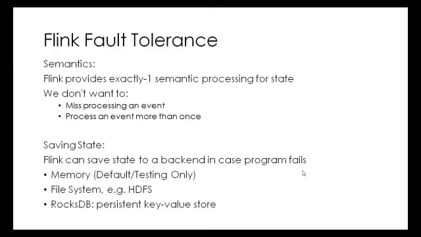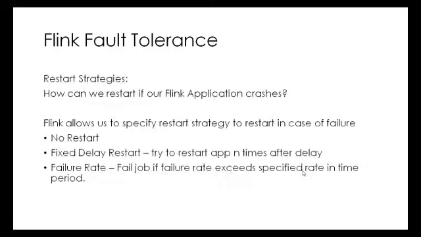Obviously, you can't let your state just go away if your program crashes, so you have a way to back it up. By default, it goes in memory, which is fine for testing. Obviously, you'd never do this in production. The two common ways to keep your state around are to write it out to the file system, like Hadoop HDFS, or to use RocksDB, which is a persistent key value store that integrates with Flink and will keep your state for you, so that you can restore it if you have to restart your program.